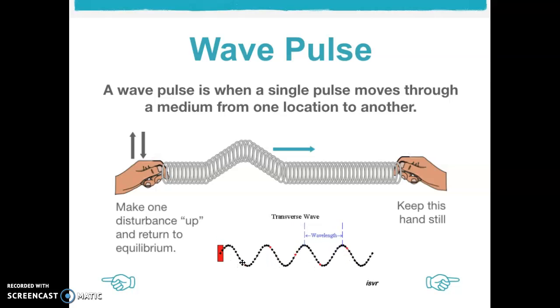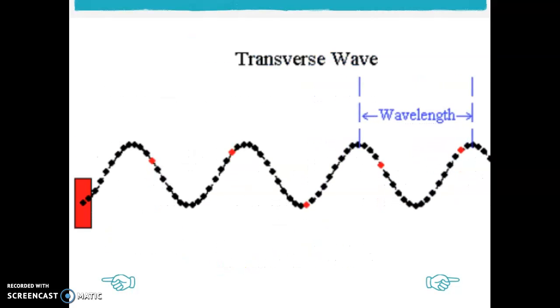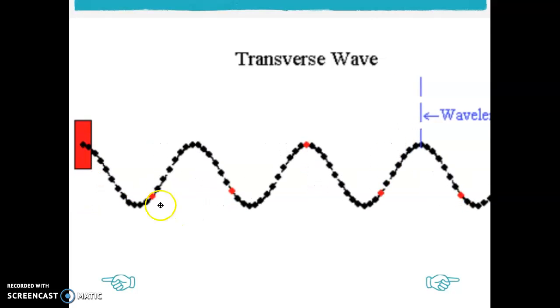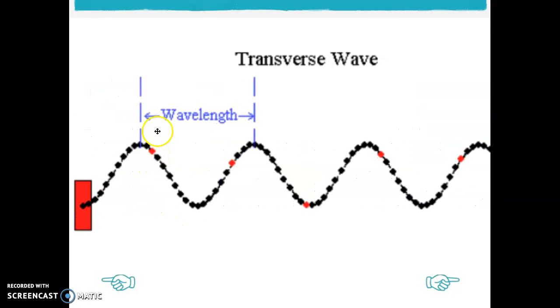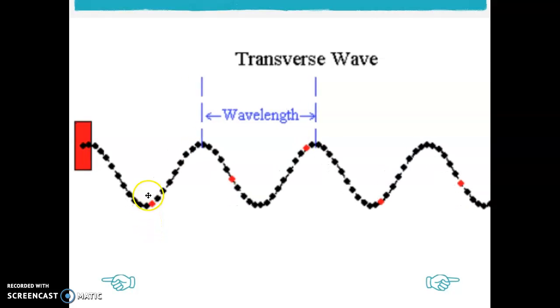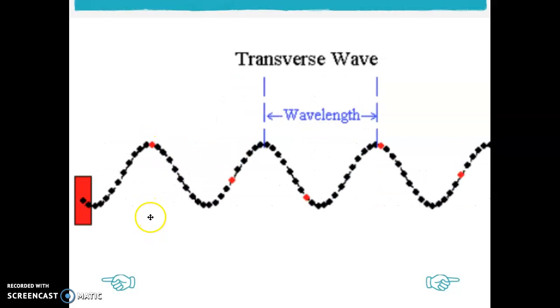So hopefully that will allow you to conceptualize the difference between what the particles of the medium are doing and what the wave itself is doing. This is a much better diagram where you can individually identify the oscillating particles up and down around a fixed point.